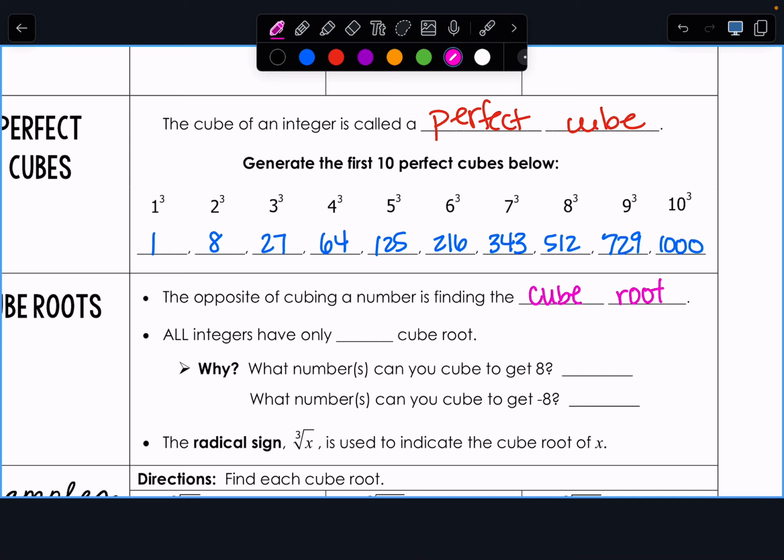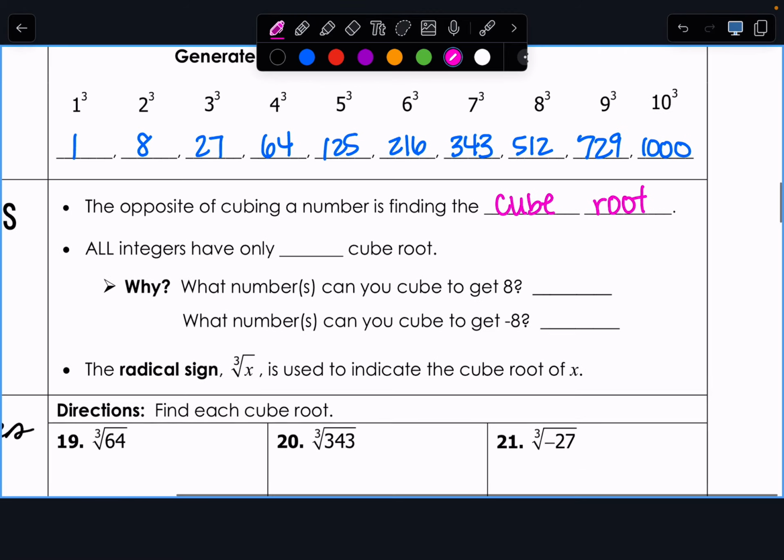If we talk about a number and how many cube roots it has, remember square roots. Every number had 2 different ones, a positive and a negative one. But for a cube root, any integer is just going to have 1 cube root.